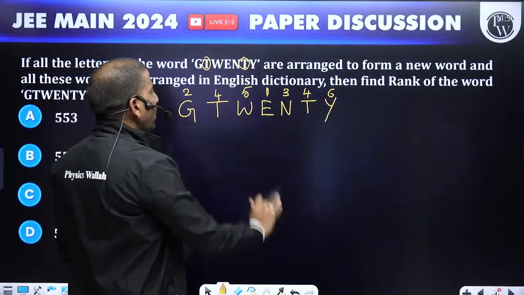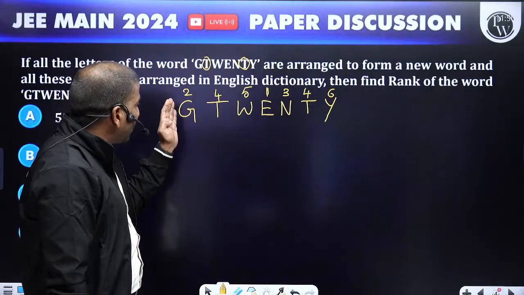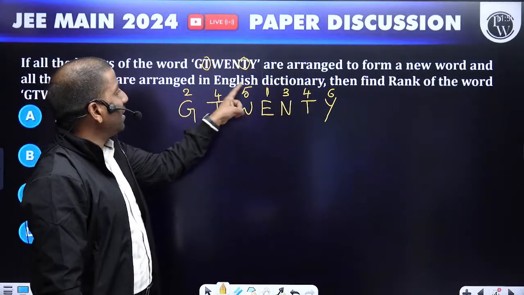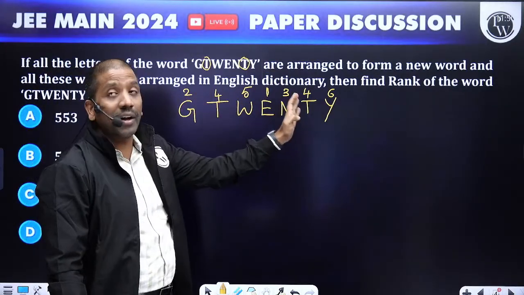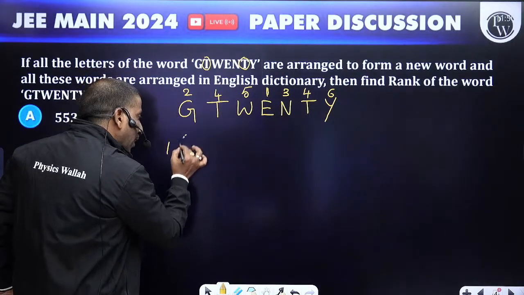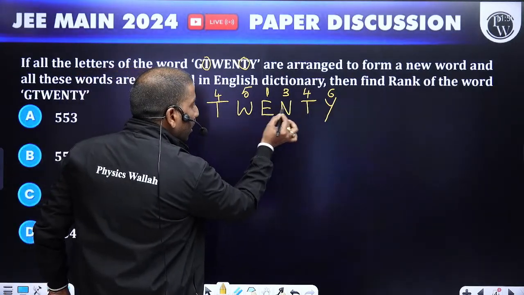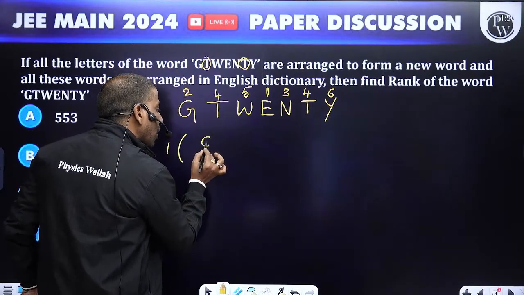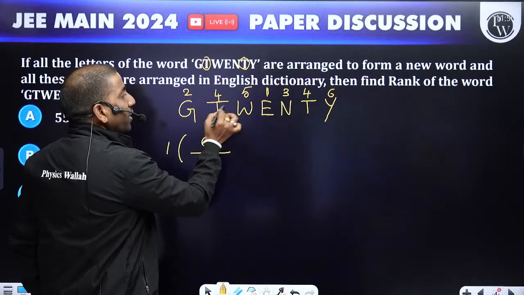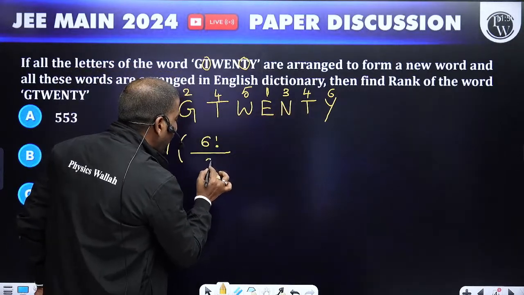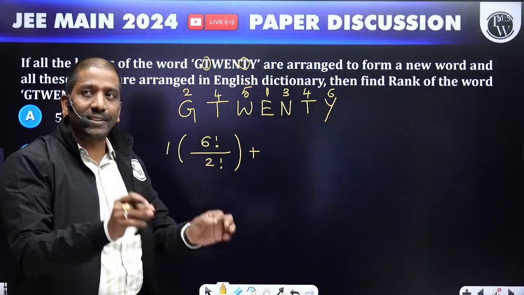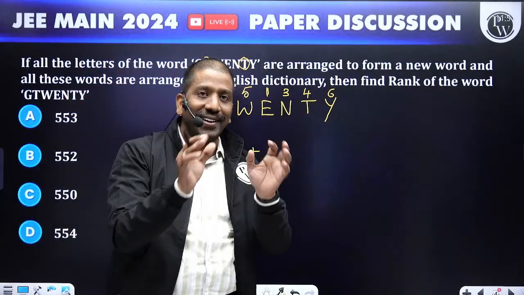So how many numbers less than 2 are on its right side? As it is 2, one is less than 2, all others are greater, so there is only one such number. So one time, how many letters are present? 6 are present, 6 factorial, but in which T is repeated twice, so that's why by 2 factorial.